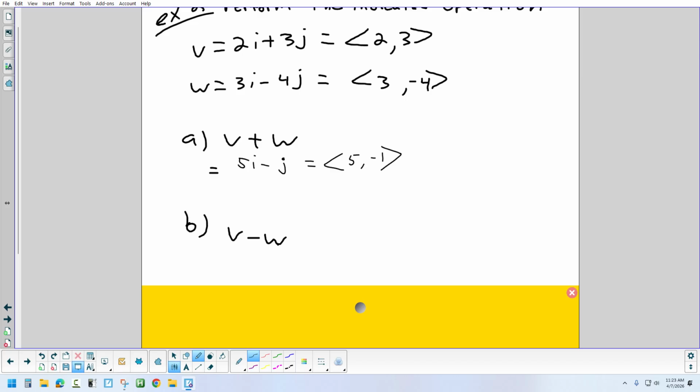What would v minus w be in unit vector notation? So again, no sketch. We're not going to take the second vector w and flip it around and put it on the end. That's what we did yesterday. Today it's just numeric.